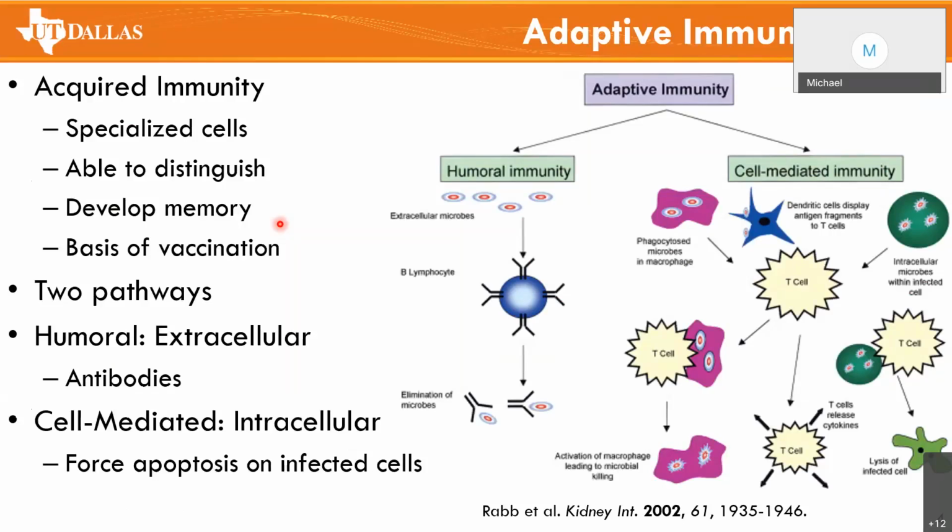So this is an extracellular response. A second pathway is called cell-mediated immunity. In cell-mediated immunity, we activate T cells. T cells can then go and determine which cells have been infected. It then is able to force these cells through apoptosis. So this is an intracellular response.